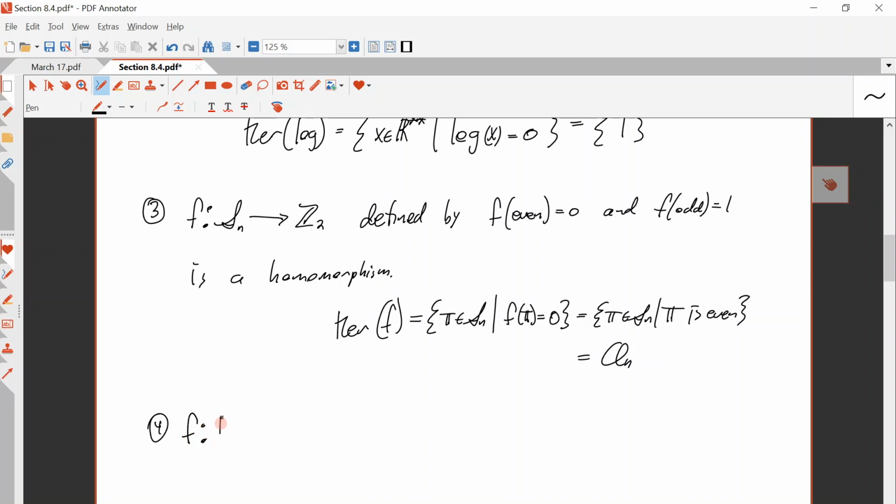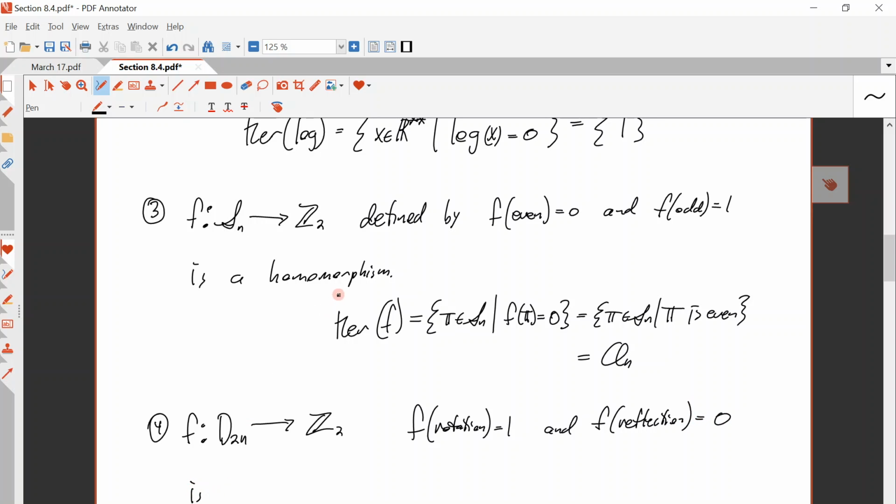Now, f from the symmetries of the regular n-gon to Z2, such that f of a rotation is 1 and f of a reflection is 0, is a homomorphism.